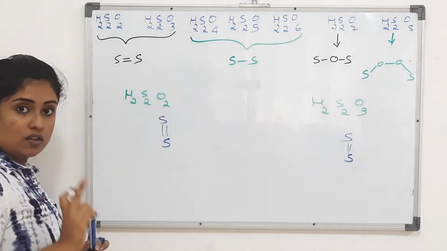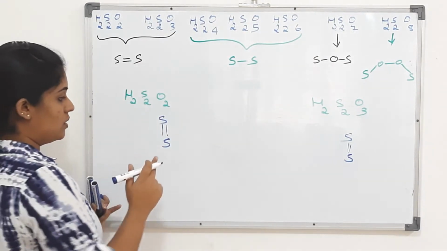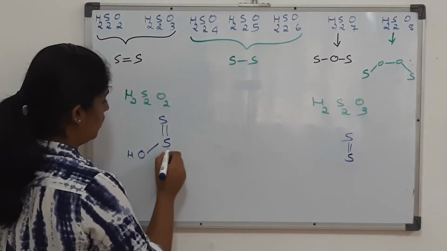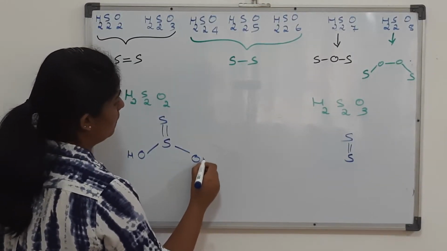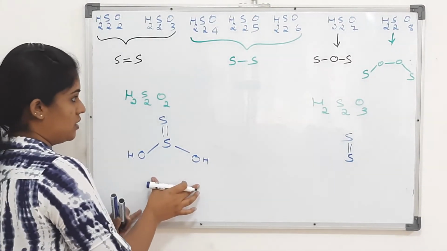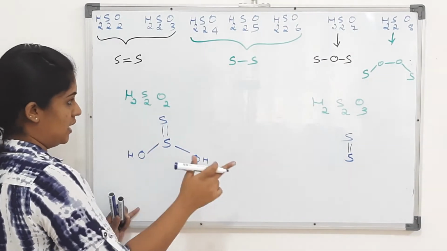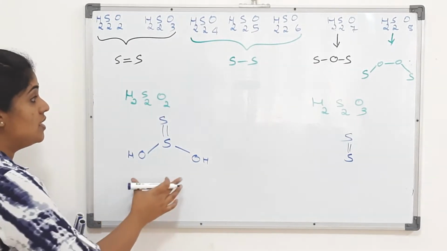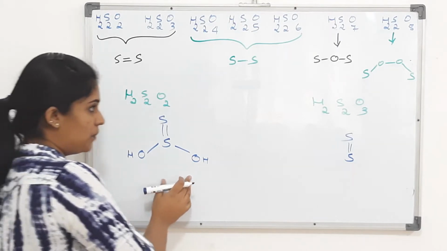We saw that all oxoacids are dibasic, which means that each sulfur will have an OH group attached, one OH, one OH. Now look at the formula and check it with the structure. 2 hydrogens, that's done. 2 sulfurs, that's done. 2 oxygens, that's done. So this is the H2S2O2 structure.